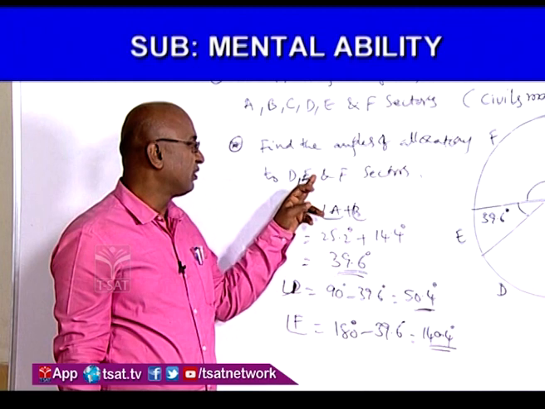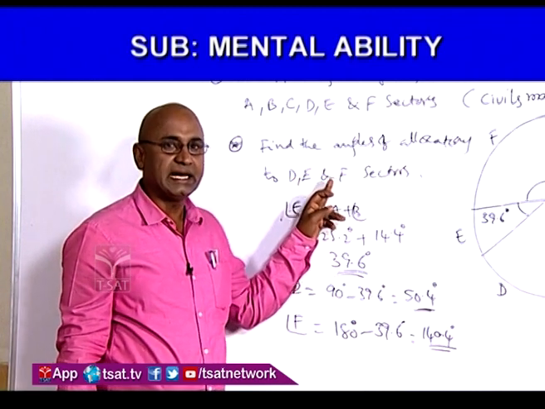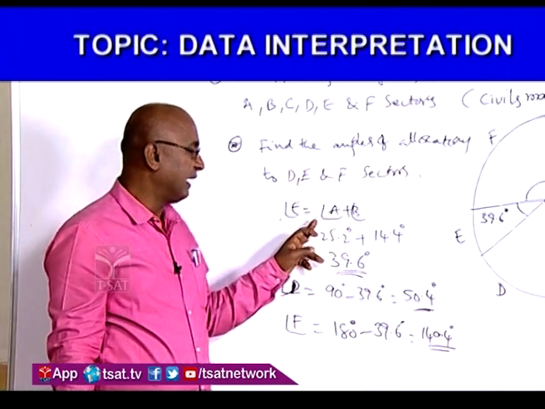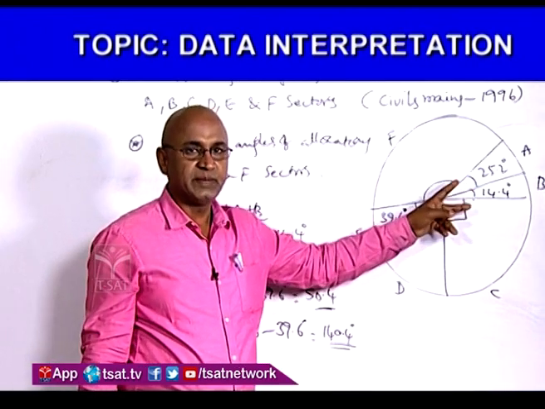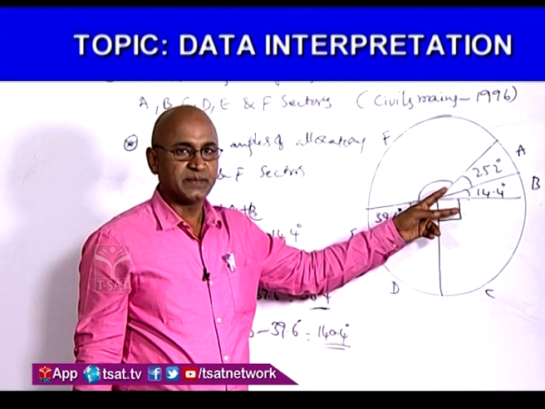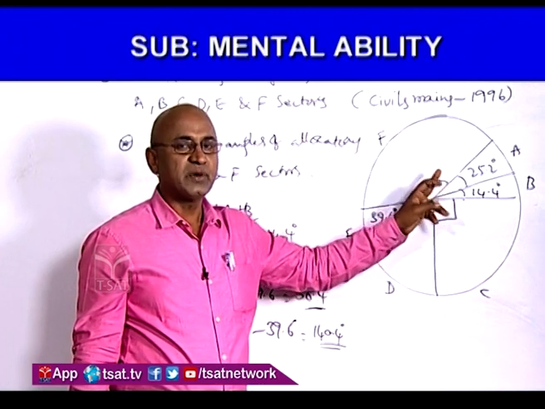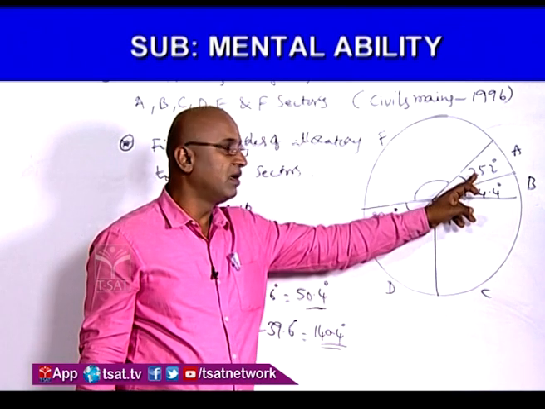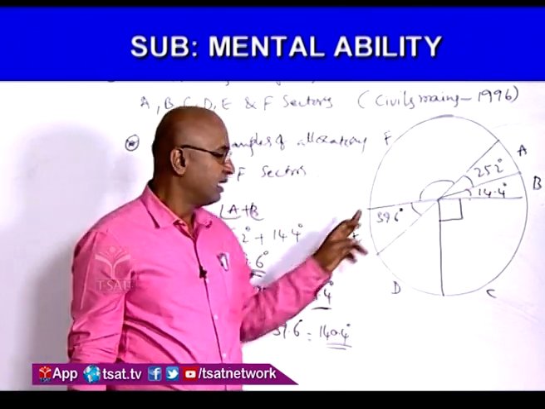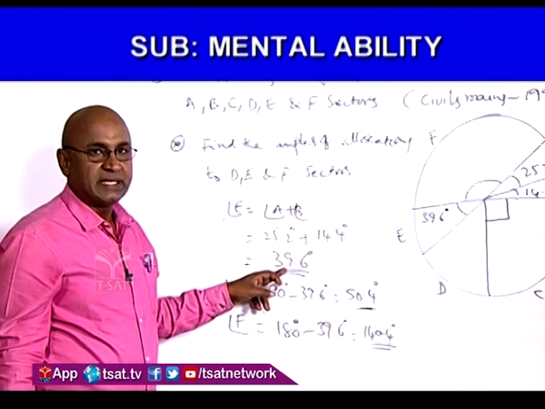So what is the problem here? Find the angles of allocations to D, E and F sectors. Angle E is equal to angle A plus angle B. Why? The reason behind this is when two lines bisect each other, the opposite angles are the same. That is why angle E is equal to angle A plus angle B, that is equal to 39.6 degrees.